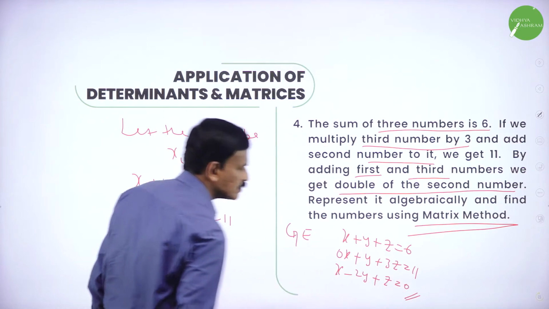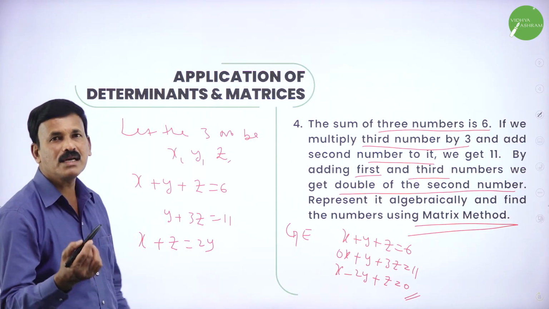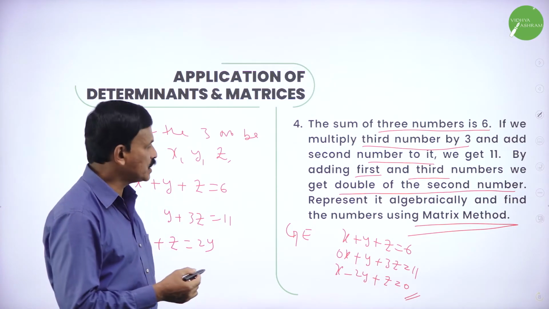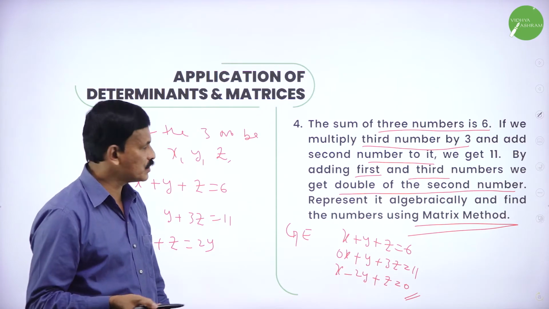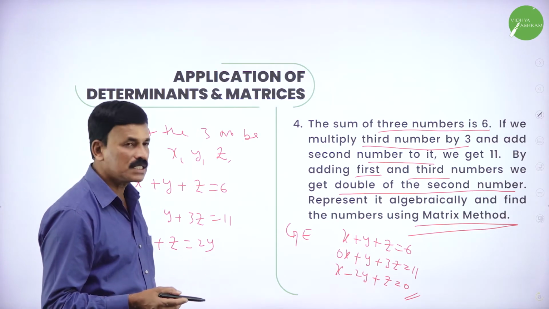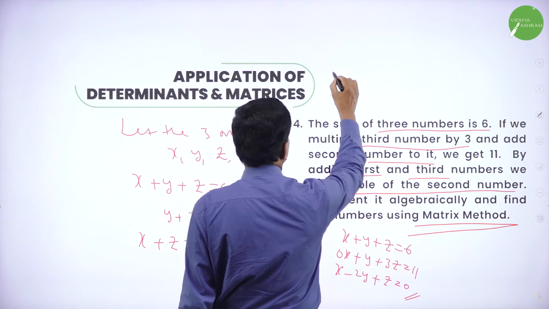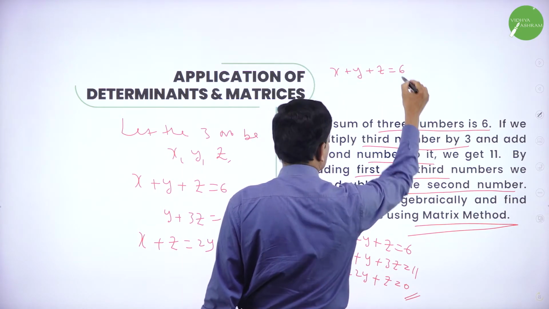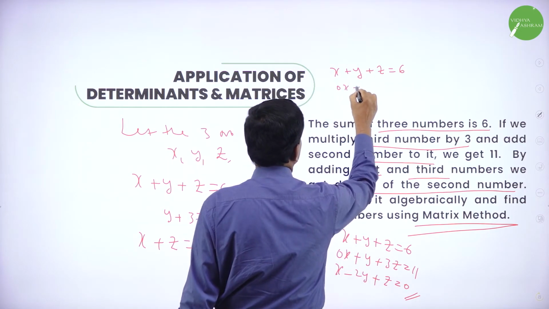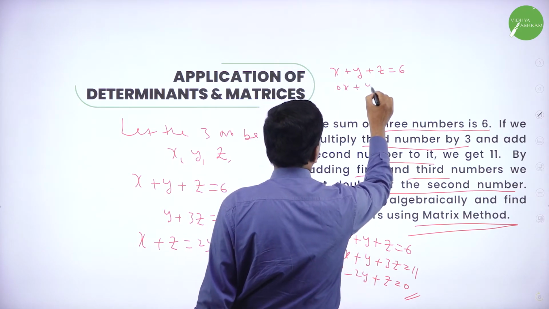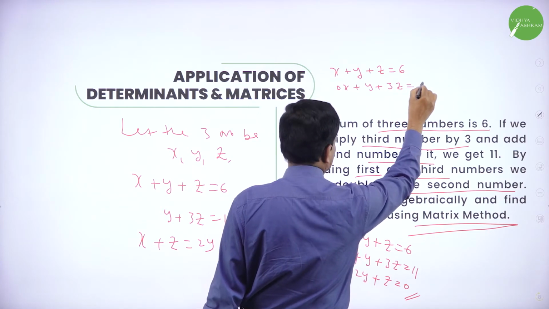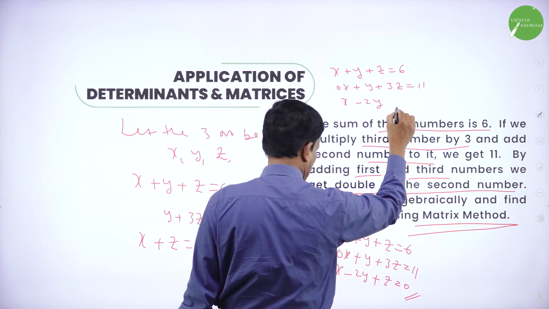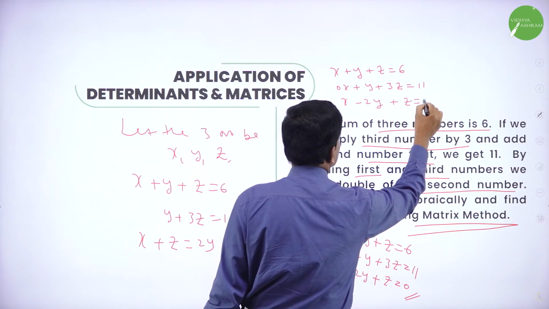Solving this using matrix method, x is equal to A inverse B. So this is the formation of the equation. x plus y plus z is equal to 6, 0x plus y plus 3z is equal to 11, and x minus 2y plus z is equal to 0.